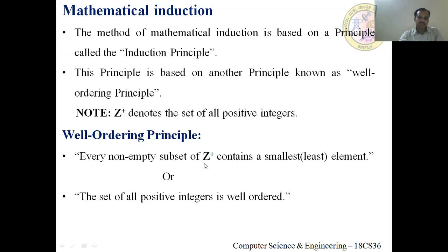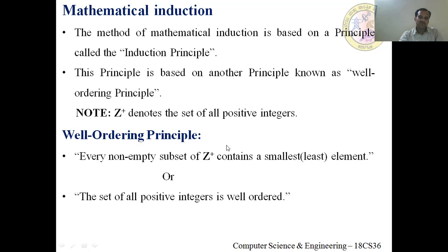Suppose Z plus contains the elements 1, 2, 3, 4, 5, 6. Consider one set A equal to {1, 2, 3}. Definitely {1, 2, 3} is a subset of Z plus, and in that subset there is one smallest element.